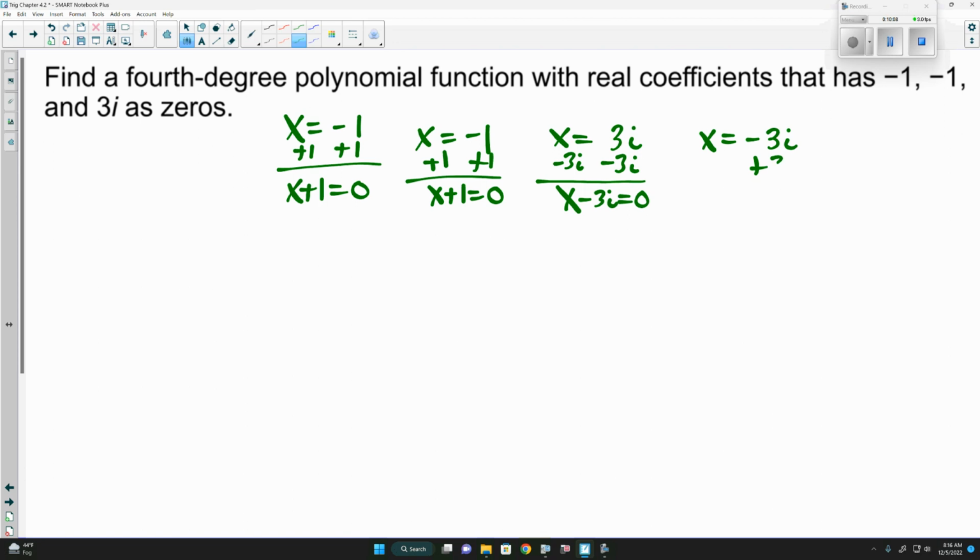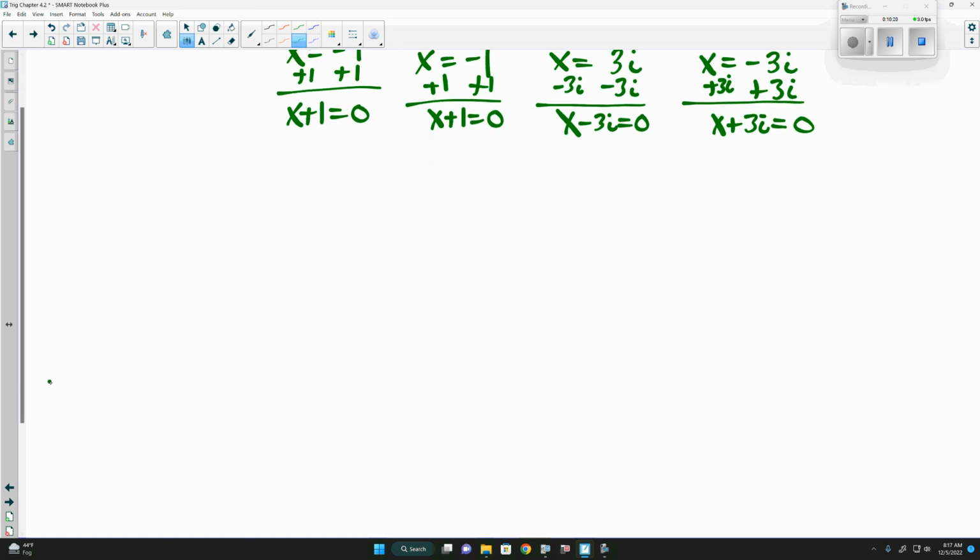And for the last one, we will add 3i. So we just need to get them all equal to 0. And then multiply them together.